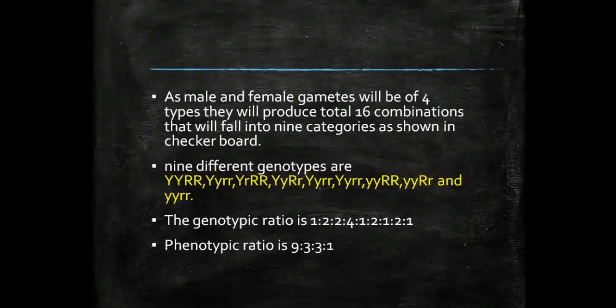These categories are capital Y capital Y capital R capital R, capital Y capital Y capital R small r, capital Y capital Y small r small r, and so on. In this manner, we will get the genotypes, and the genotypic ratio will be 1:2:2:4:1:2:1:2:1.